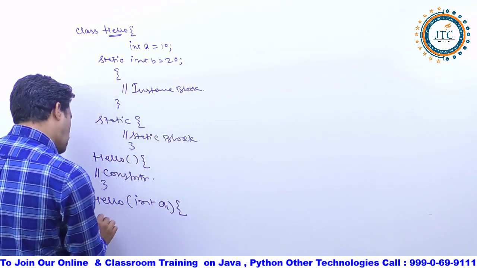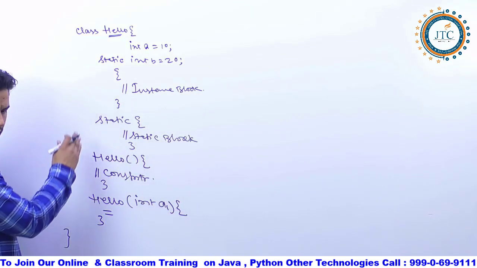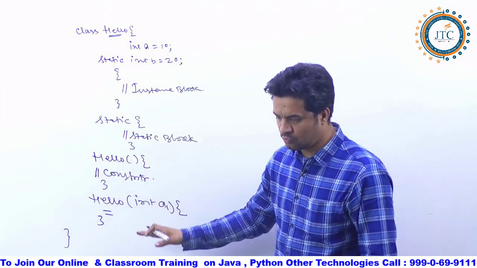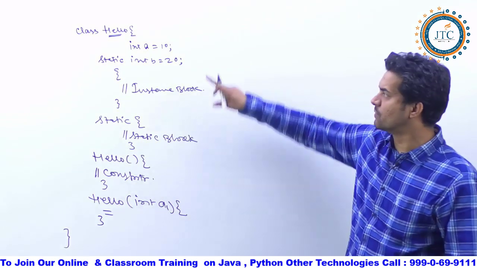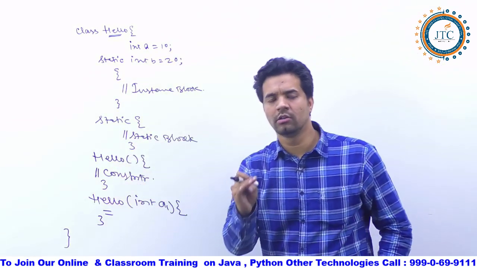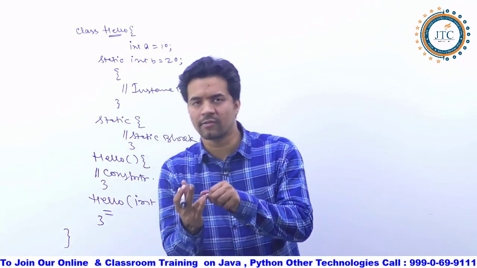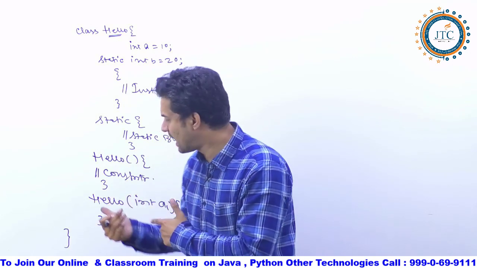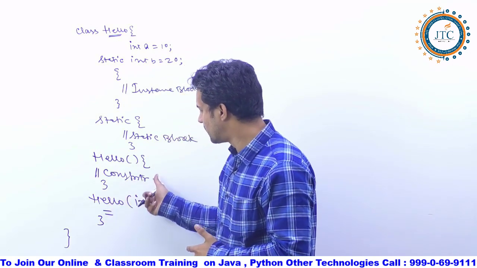That is one parameterized constructor I have written. Hope all of these things are visible to all of you, right? So in general I have written instance variables, a static variable, an instance block, a static block, and a few different types of constructors.